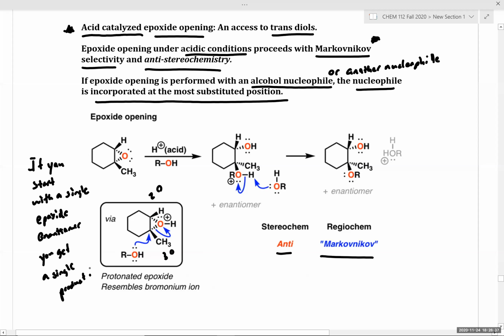But oftentimes you'll end up with a mixture of epoxides, and as a result, you end up with a mixture of enantiomeric products. So again, this is another stereospecific reaction. You start with one epoxide stereochemistry, you get out one defined product with the defined stereochemical outcome. Does this reaction make sense to everyone? Does everyone see the parallel to bromoetherification?